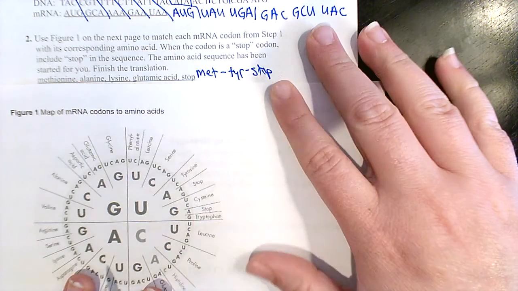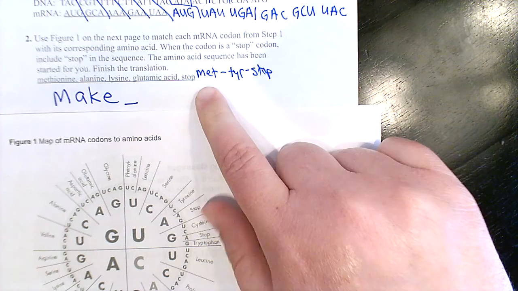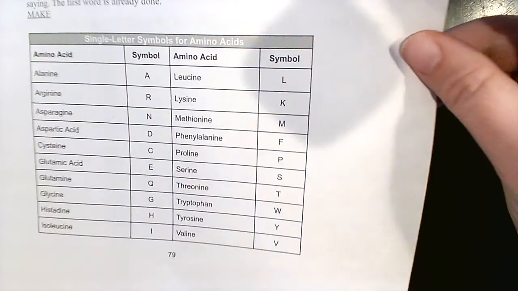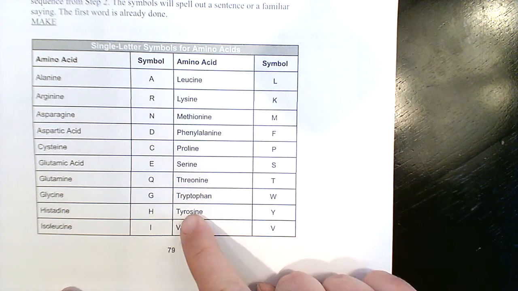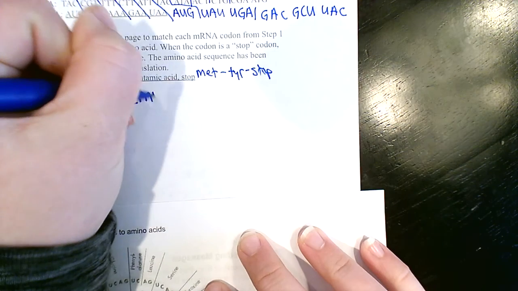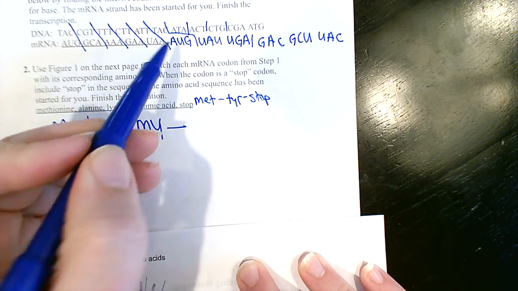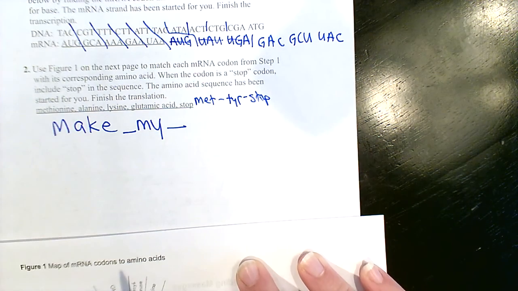Every time you get to a stop, it's going to be a space. So we have make, and then methionine and tyrosine would be M for methionine and Y for tyrosine. So that'd be my stop, space.